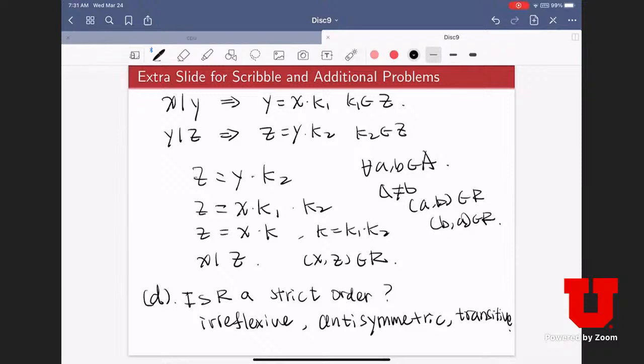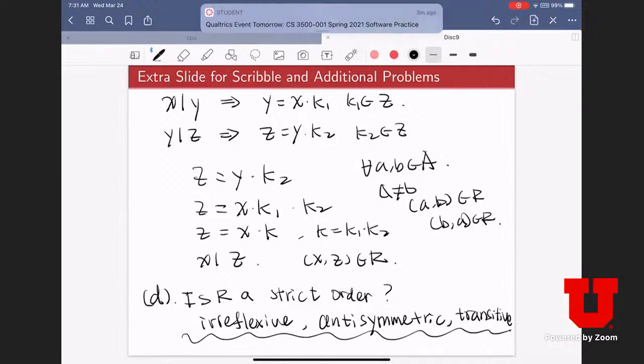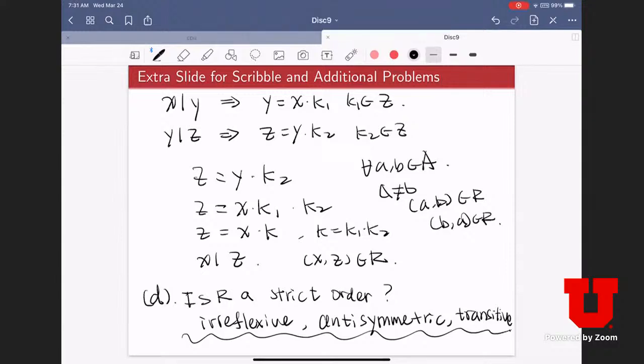But yeah, for this one, we only need to satisfy these 3 conditions, and we can say that no. This one is not a strict order since R is reflexive.